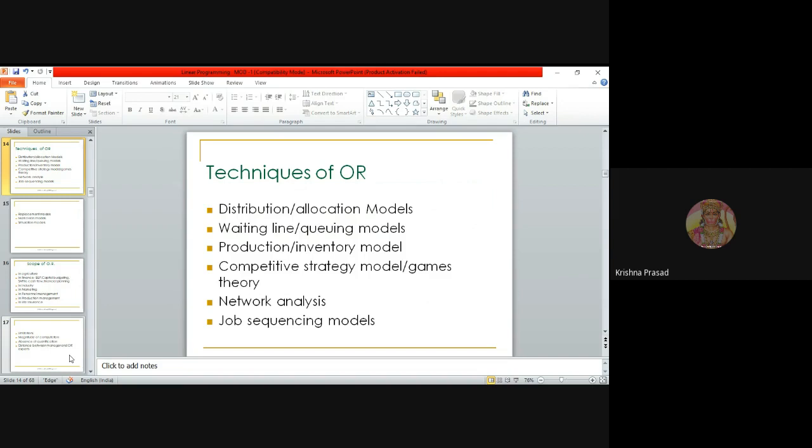And game theory is there. For example, there are two people, a two-person zero-sum game. If one is losing 1% market share in carbonated drinks, it means another one is winning. Only two players are there, one is Pepsi and another one is Coke. If someone comes out with one strategy, the other comes out with another strategy.